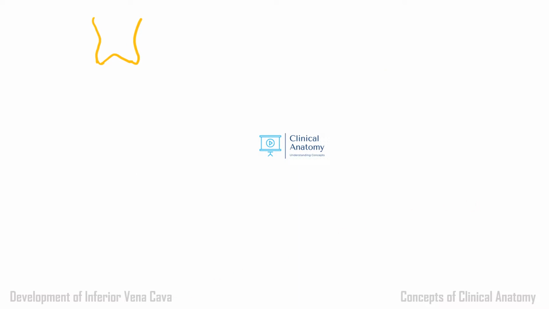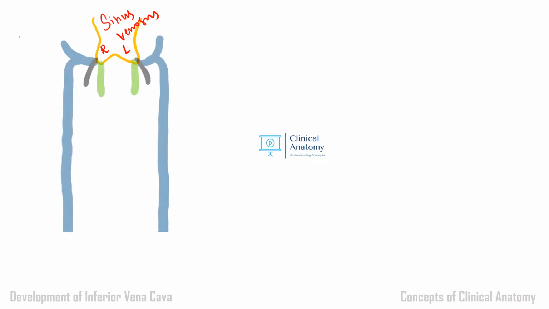In the 4th to 6th week of development, when the heart is developing, this is the sinus venosus which has a right and left horn. In the right and left horn of sinus venosus, in the beginning there will be three veins which are draining.